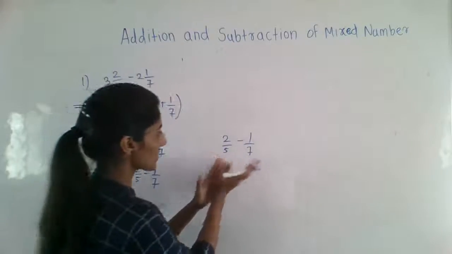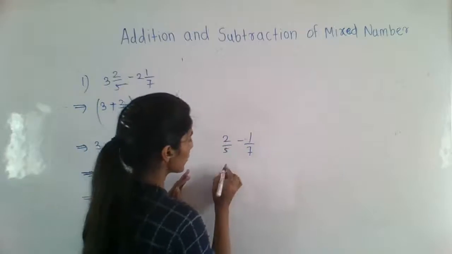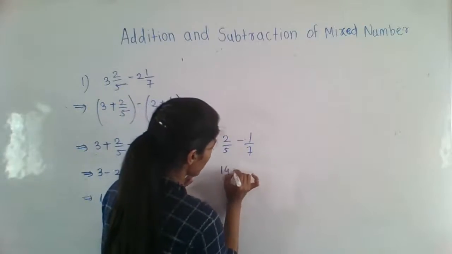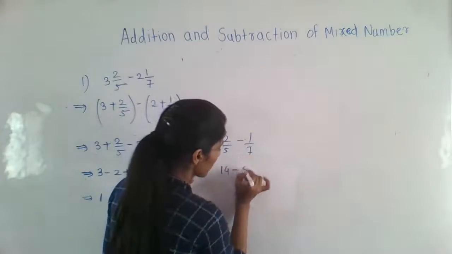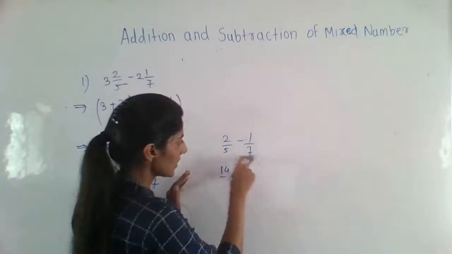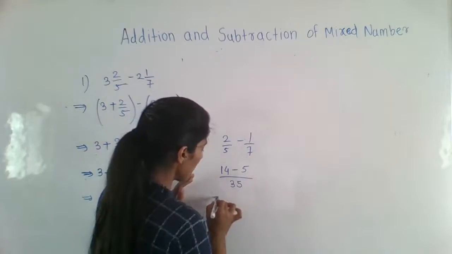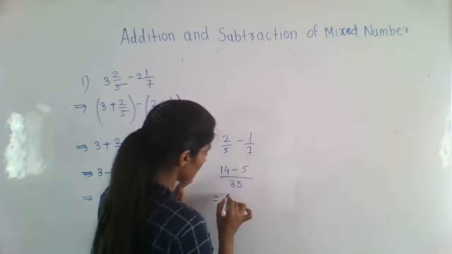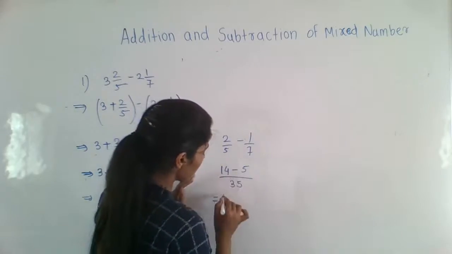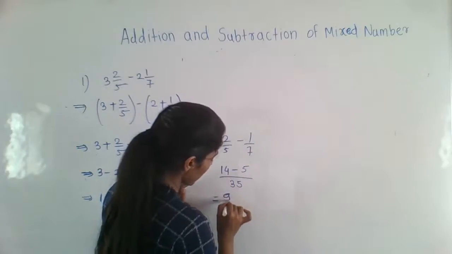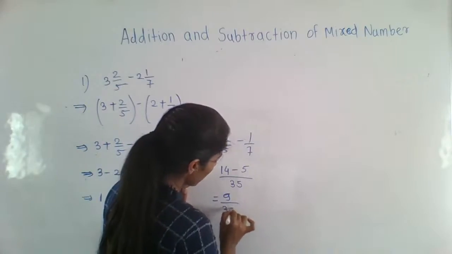Suppose we take cross multiplication here. 7 into 2, 14, minus 5 ones are 5, and 5 into 7, 35. 14 minus 9, sorry, 14 minus 5, that is 9 by 35.